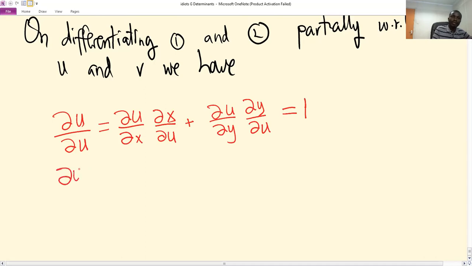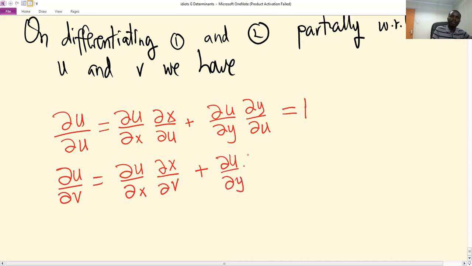Then partial u over partial v is the same as partial u partial x times partial x partial v, plus partial u partial y times partial y partial v. Because u is only a function of x and y, when you take partial u with respect to v, the answer should be 0.